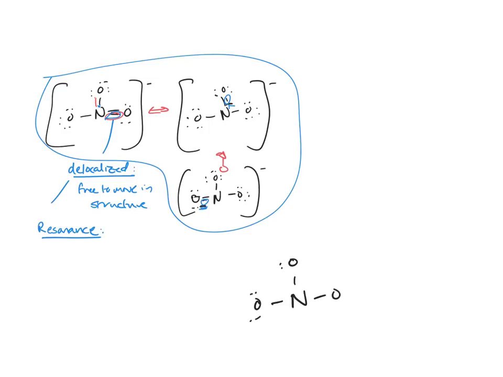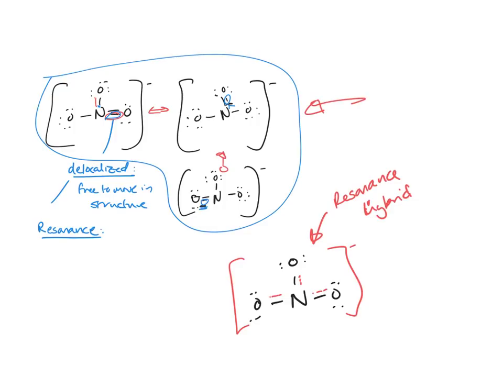Each oxygen is carrying two lone pairs, and then you have this partial double bond between all of the oxygens, and this whole thing is carrying a 1- charge. This is called a resonance hybrid, just for funsies. And it's our best way of representing what the bonding actually looks like. We're not going to ask you to be able to draw that. All we're going to ask you to do is recognize when a structure has resonance.